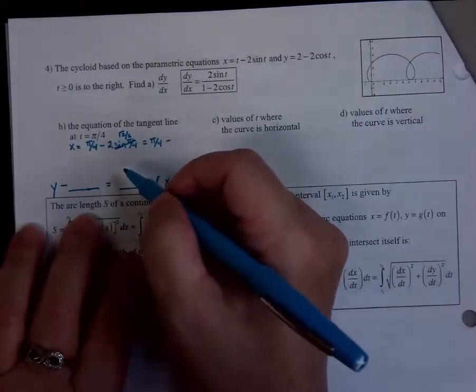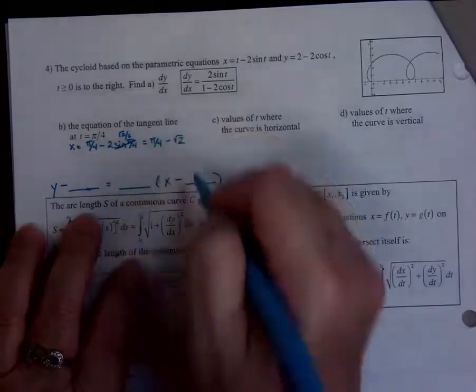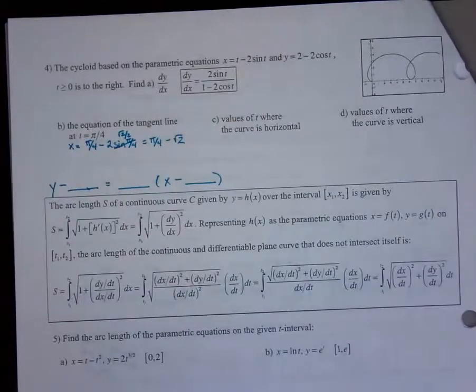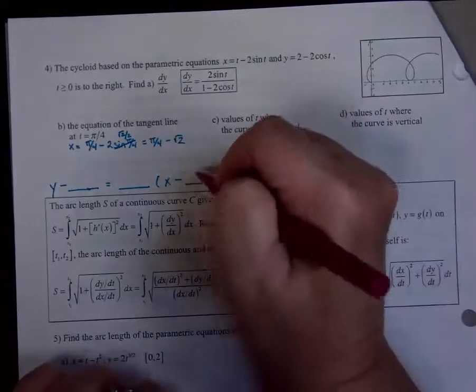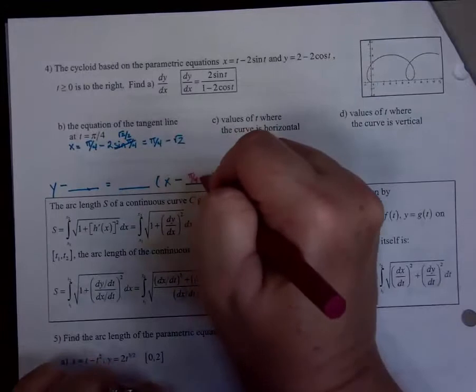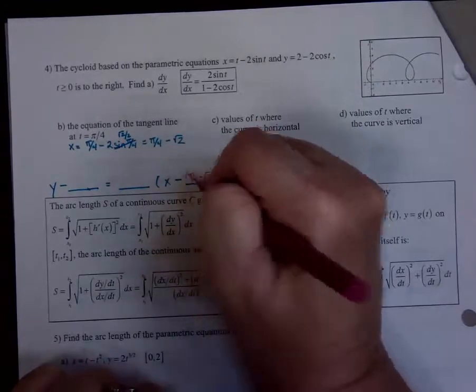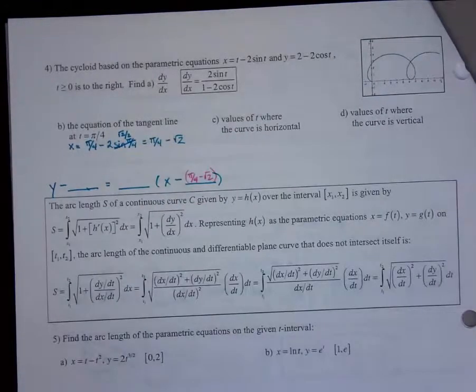Just root 2, without any denominator. So that is my x. So that x needs to go in the x blank. Pi over 4 minus root 2 in a parentheses. Very important that it goes in a parentheses, because it's got two terms in it and it's minus in front of it. What goes in the first blank?